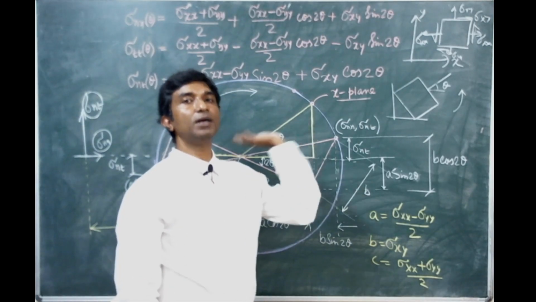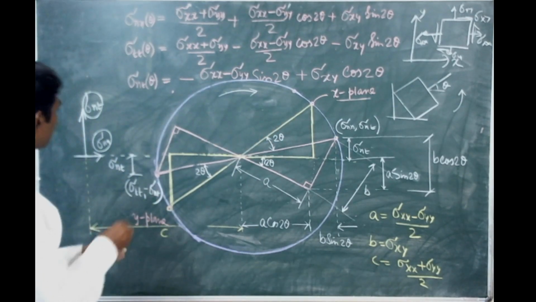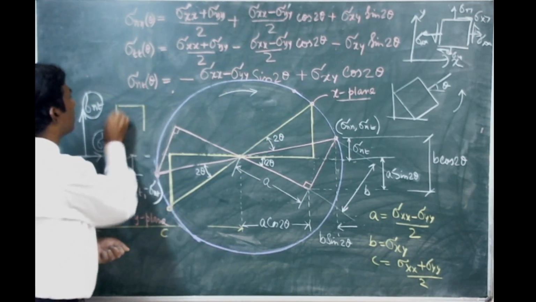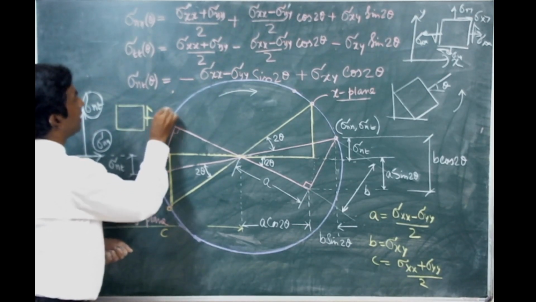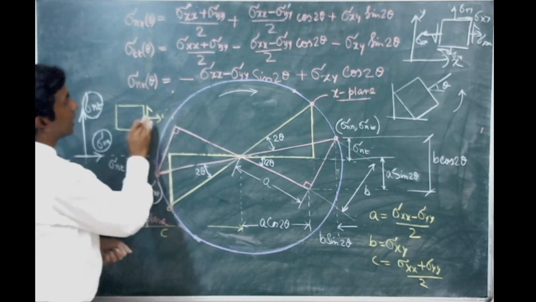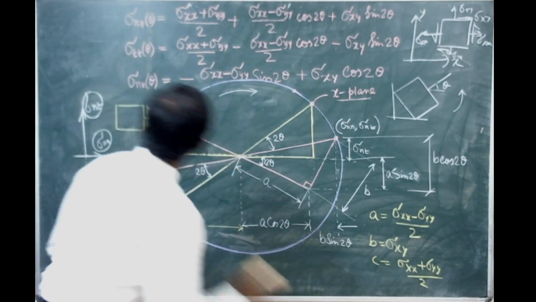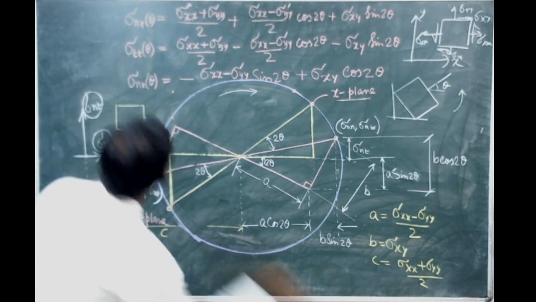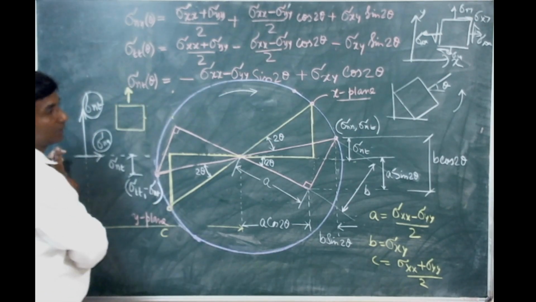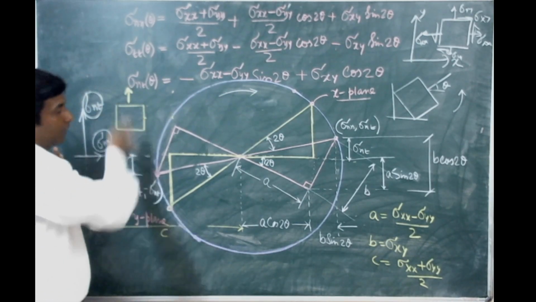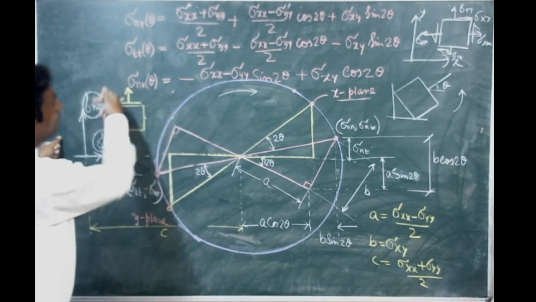The coordinates are positive, as we have seen. Now if you rotate by 90 degrees, on the x plane you get the shear stress upward positive, and this is sigma xx, the normal stress. If you rotate by 90 degrees, this face will come here and that face will go there. So you get sigma xx rotated vertically upward, and sigma xy rotated in the opposite direction.